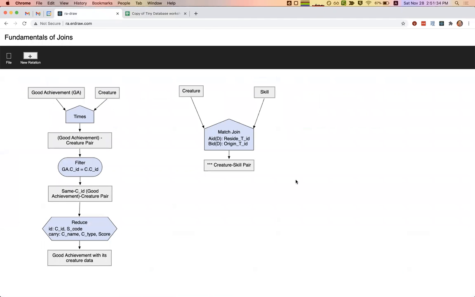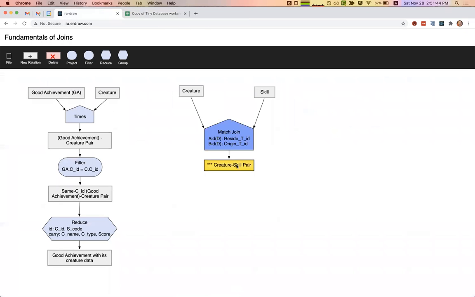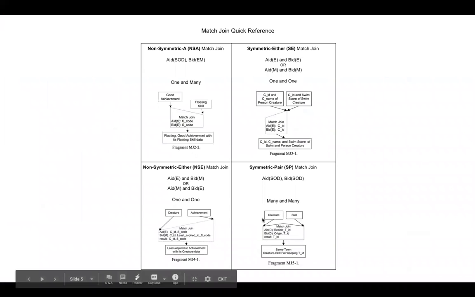And so with those multiple matches on both sides, as we found out, there was no way to identify the result by just one column. So we have to keep it a pair, so it's going to stay a pair. So this takes us to our symmetric pair scenario where we use a full house shape.